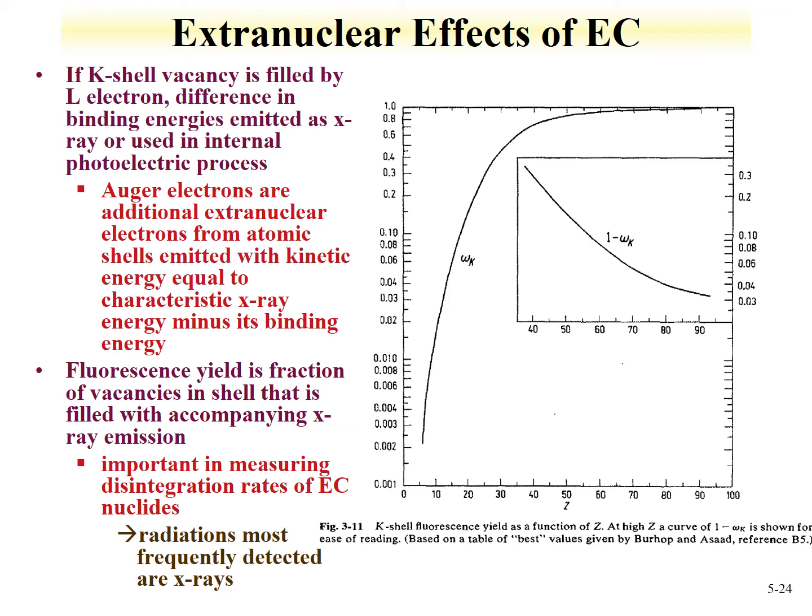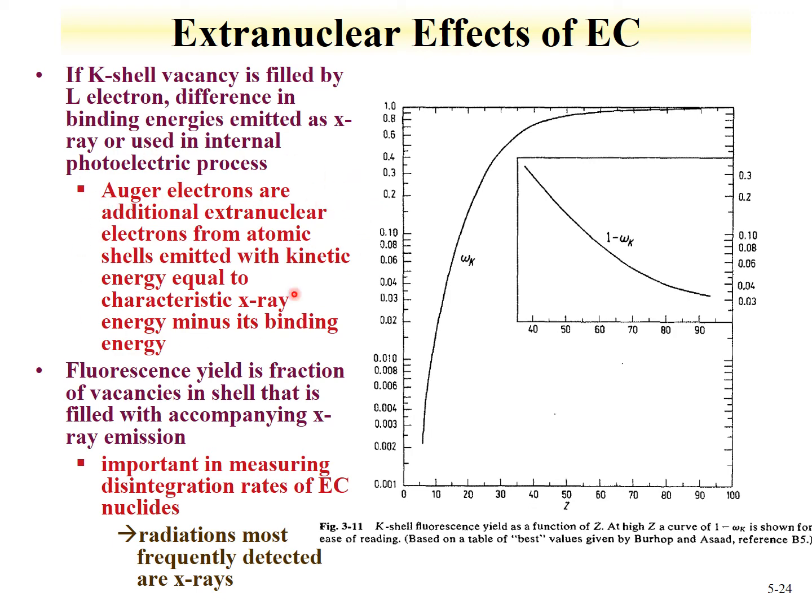Now there's also a decay effect related to electron capture, where if an electron capture occurs through the K shell, a vacancy is formed and it's filled by an L electron. When that L electron goes down, there can be an X-ray emitted, or there can be other processes to de-excite that atom. One is the emission of Auger electrons.